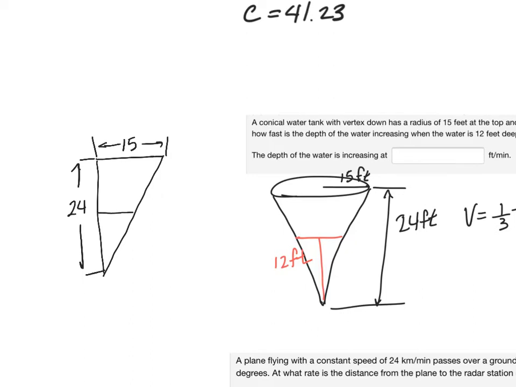And then r is to h. We want to get the radius in terms of h. So 15 is to 24 as my radius in general is to h.